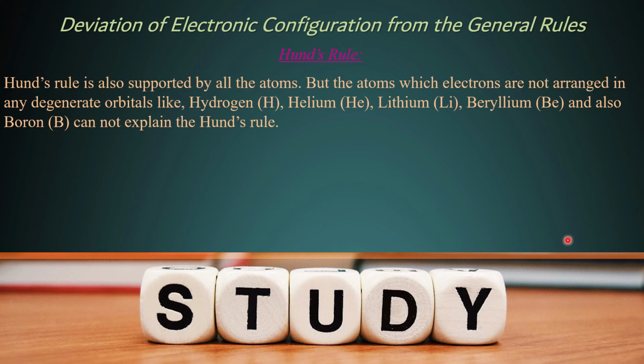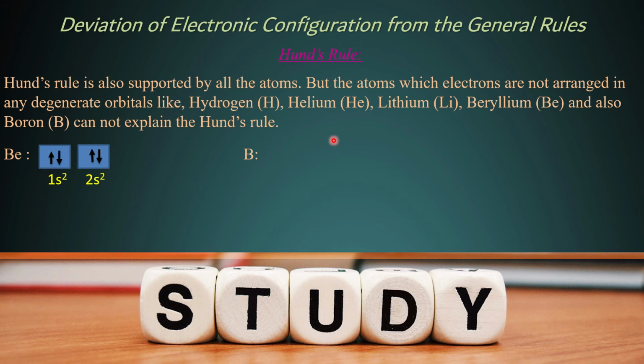So, look. Hund's rule is also supported by all the atoms, but there are atoms whose electrons are not arranged in any degenerate orbitals, like hydrogen, helium, lithium, beryllium, and also boron. Boron has 5 electrons, so one electron goes to the 2px orbital, but only one electron. So, by using boron, we cannot explain Hund's rule.